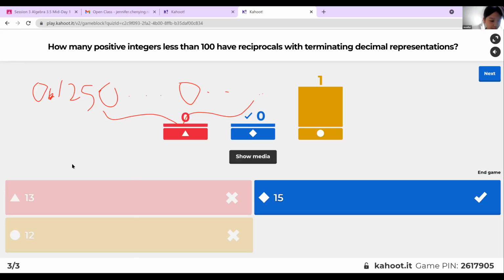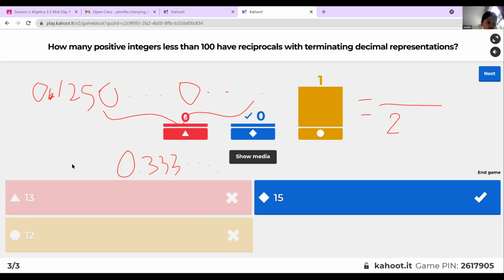But example of non-terminating decimals, for example, 333, so on, it always goes 3. And terminating decimals are terminating if and only if the fractional representation of it has a denominator that only consists of factors of 2 and 5.